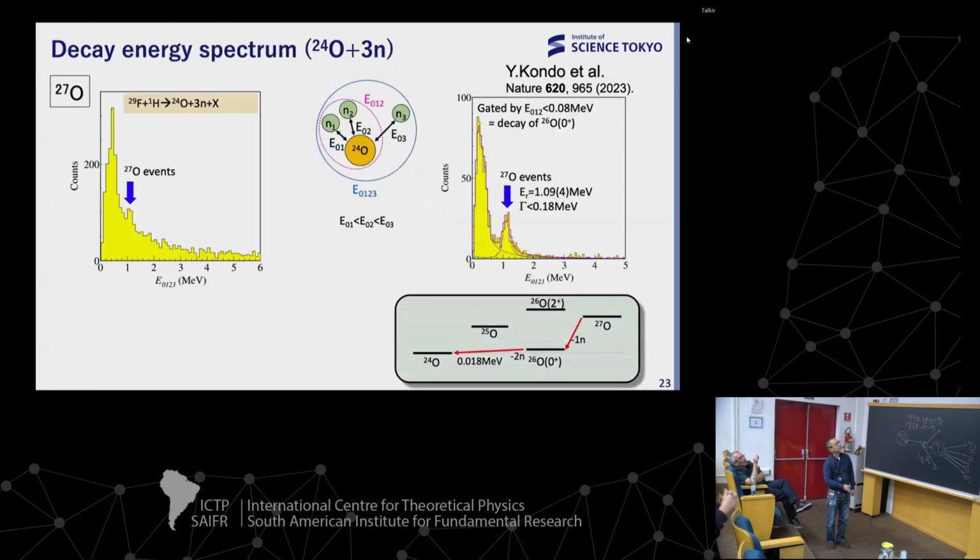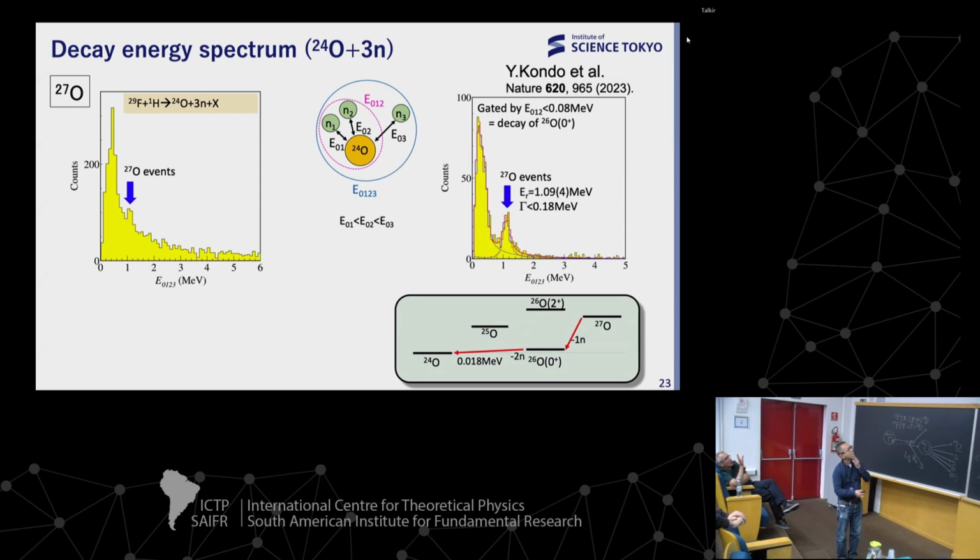Here. Okay, so now you say E03, that neutron, is far. But this is only part of your kinematical window.